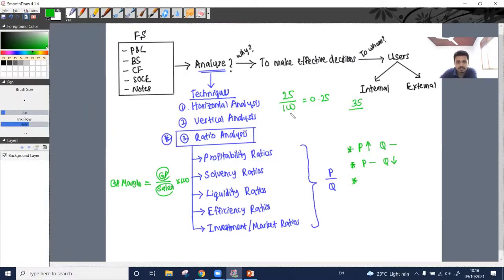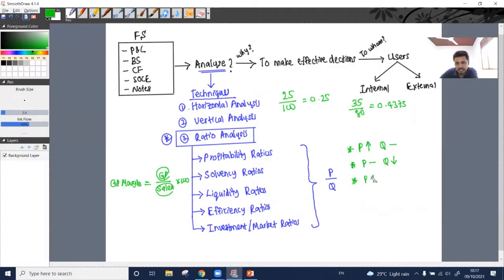And if I reduce the denominator by any number, let's say I have reduced it by 20, right? 35 over 80. Then that will result in 0.4375. Again, what has happened to our ratio? That has improved, that has gone up. So that is also another way.